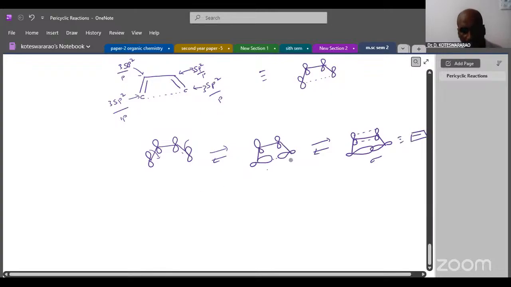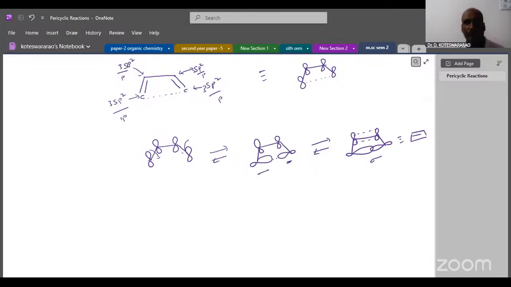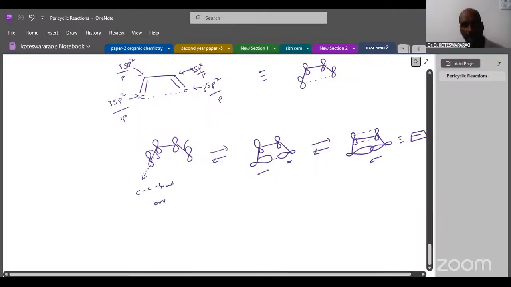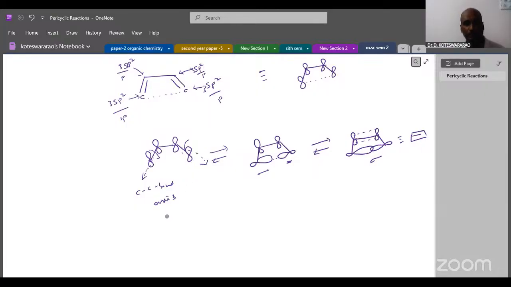For overlapping of these p orbitals, there is rotation of the CC bond along the CC bond axis.